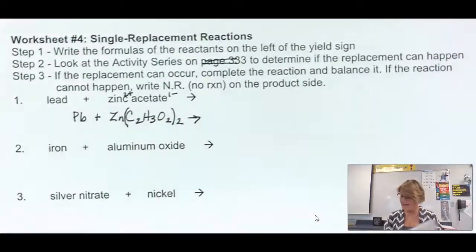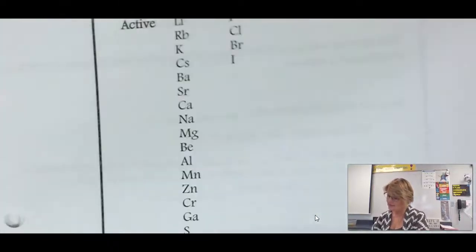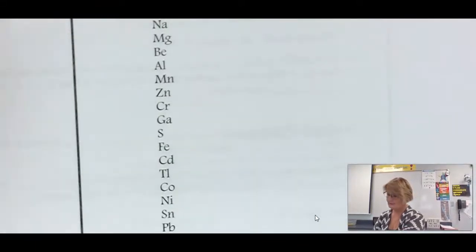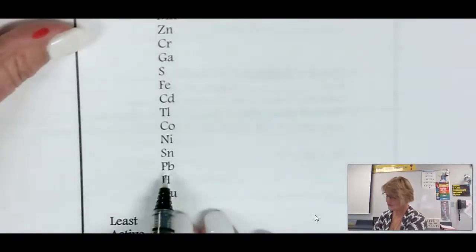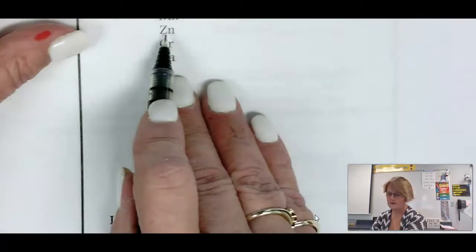Now we're going to predict our product, so we go to our table and need to see if lead is higher than zinc. It's kind of hard to read the chart, but here's lead, and here's zinc. One's at the bottom, one's at the top.